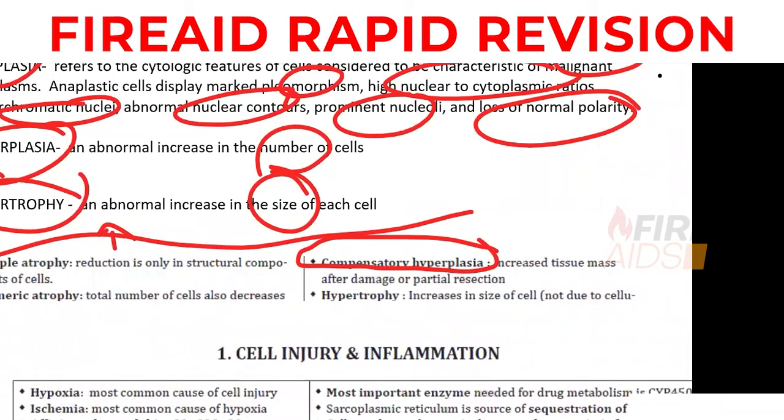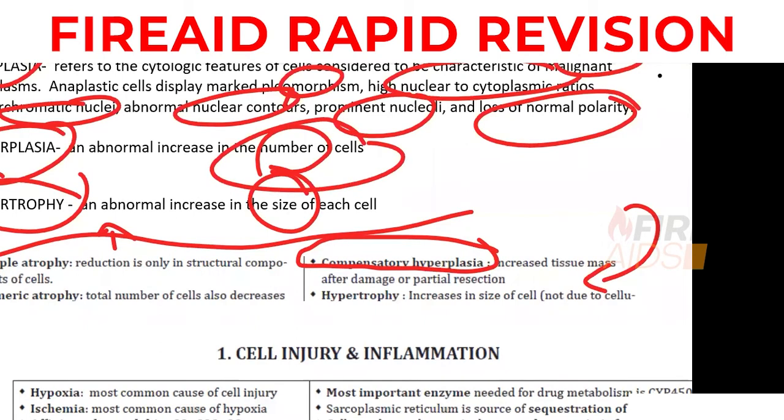The patient undergoes a surgery, or like after some damage, there's going to be a compensatory increase in number of cells. One example is a patient who has a C-section. What happens after that is a lot of fat cells get accumulated at the site of surgery. So in the abdomen, a lot of fat cells are going to go. So there is an abnormal increase in number of cells, that is hyperplastic cells.